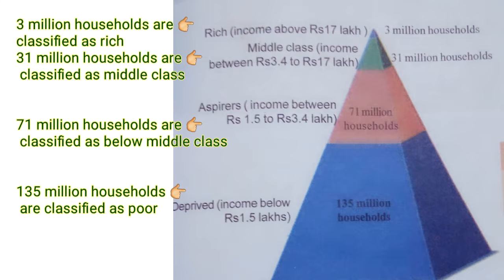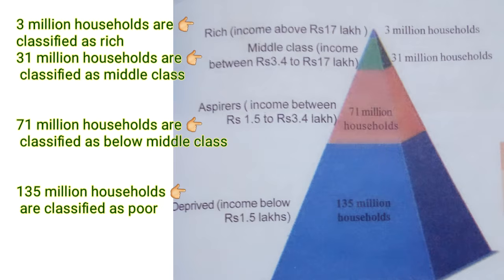Those whose income is between 1.5 lakh to 3.4 lakhs are called under middle class. Here aspire means under middle class. 17 million households are under middle class, and those who are getting income below 1.5 lakh are classified as deprived. Deprived means poor families, poor households.